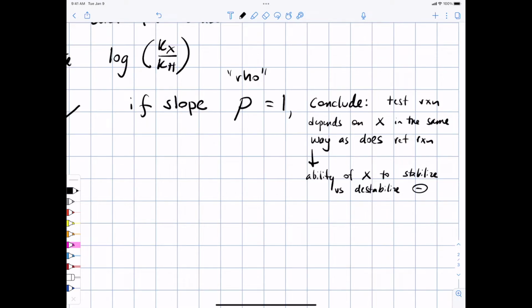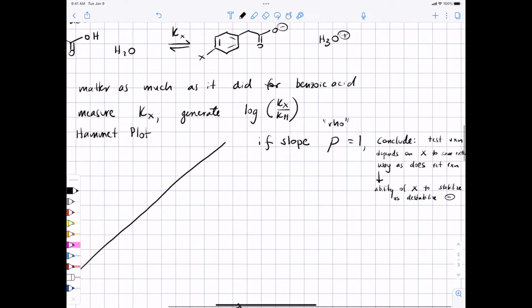And if slope equals 1, we conclude that maybe it depends on X to the same extent. It is similarly dependent on the ability of X to stabilize versus destabilize a negative charge. Okay?